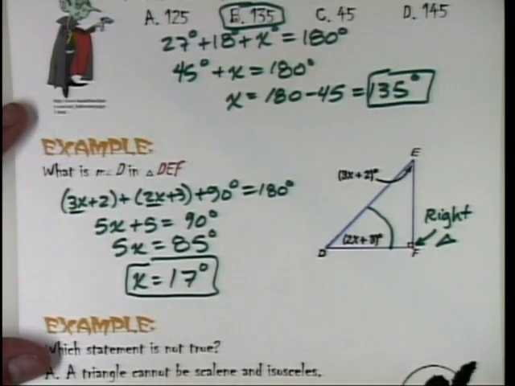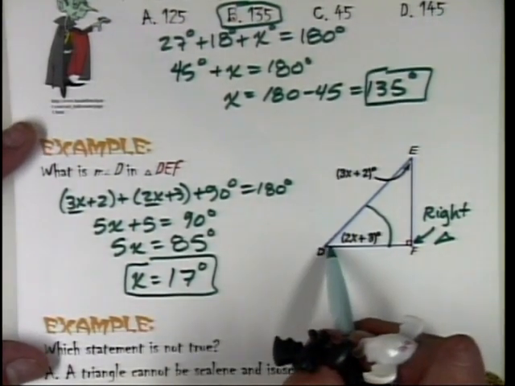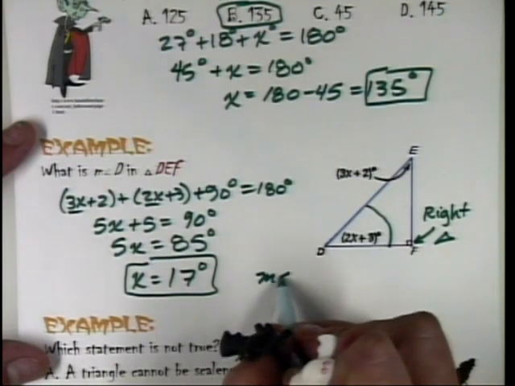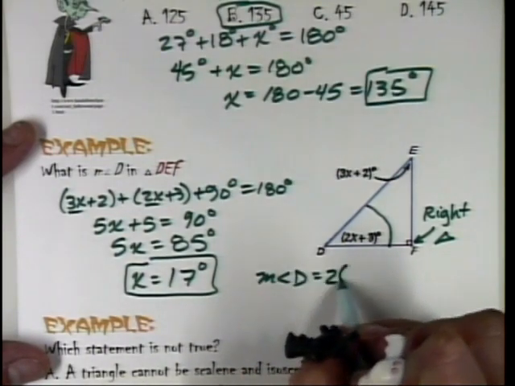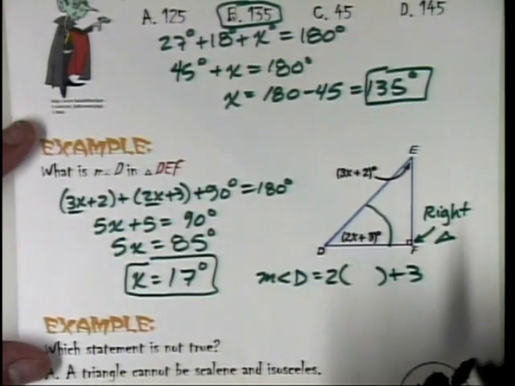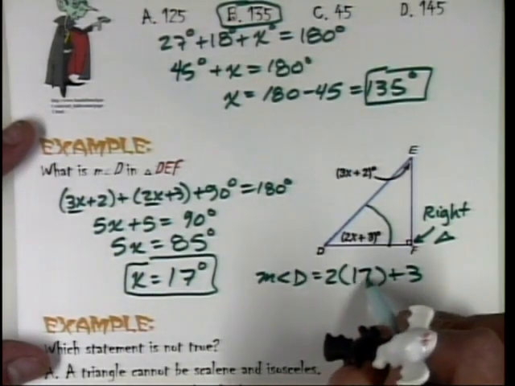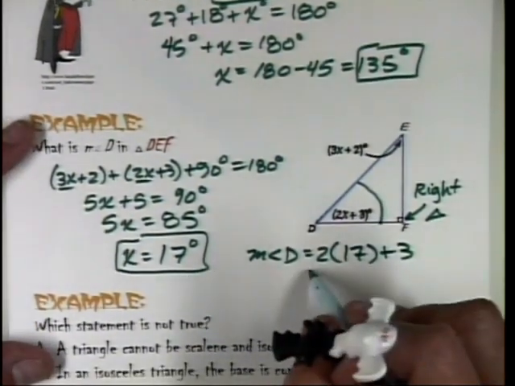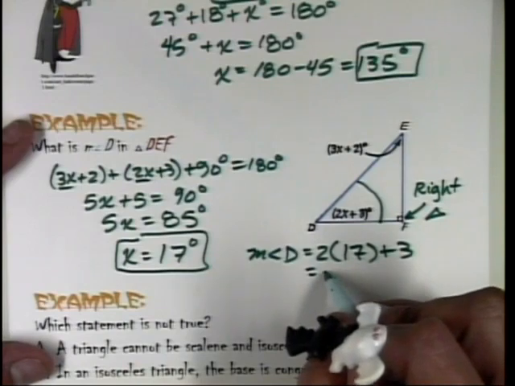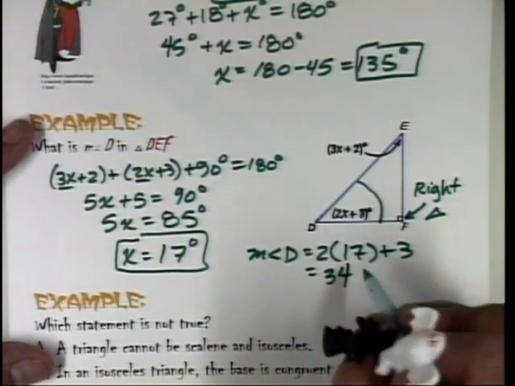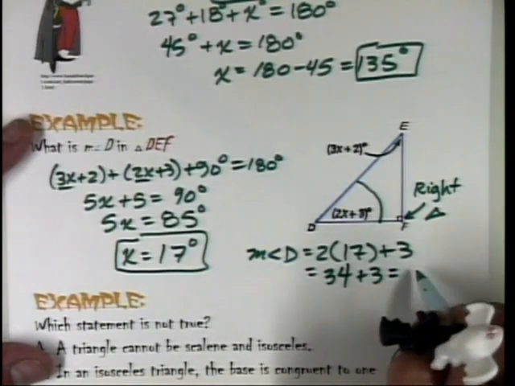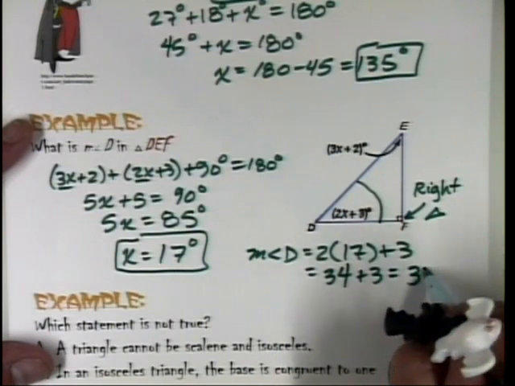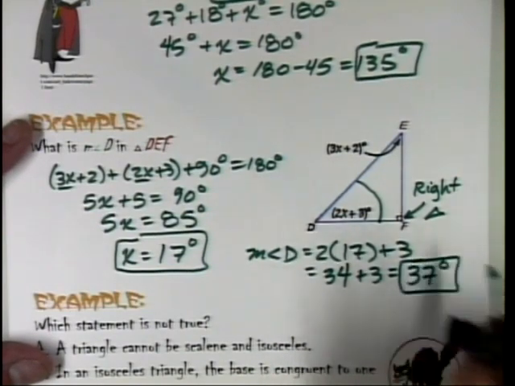And I'm going to do this one right this time. The measure of angle D is 2x plus 3. And what did we just find x to be? It's 17 degrees. So now I'll plug it in. 2 times 17 is going to be 34 plus 3. And I get that it is equal to 37 degrees.